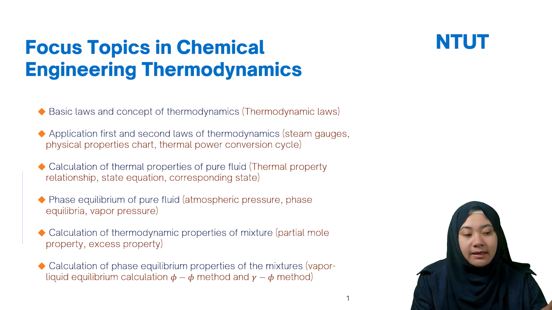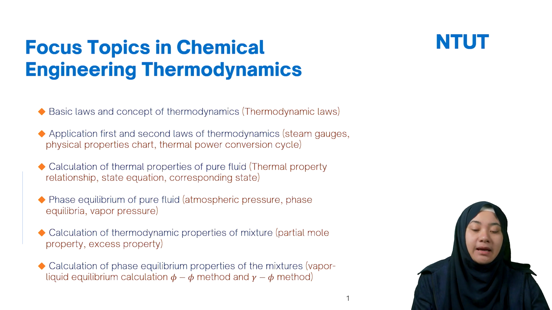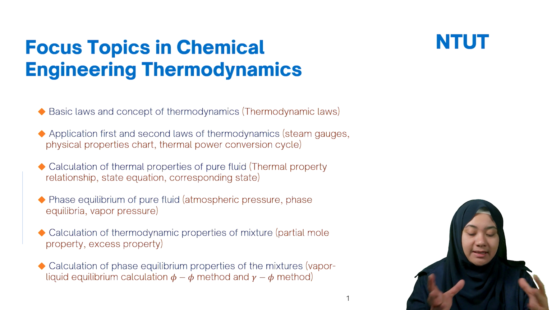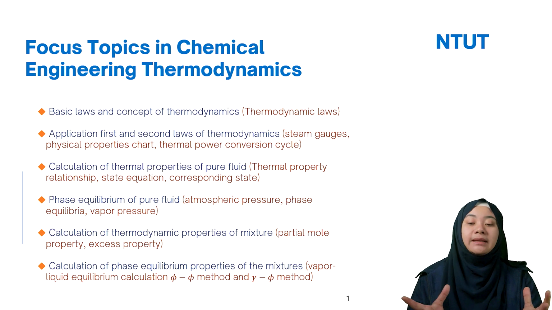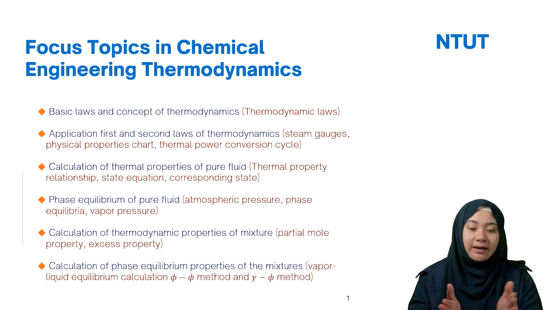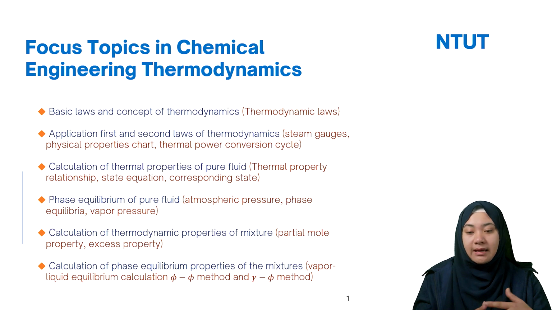So you can calculate whether the system is spontaneous or non-spontaneous, and you also have excess properties for your system, like how much additional energy there is, like excess enthalpy and excess entropy. Later, with the excess properties, we can calculate how efficient your energy use is.